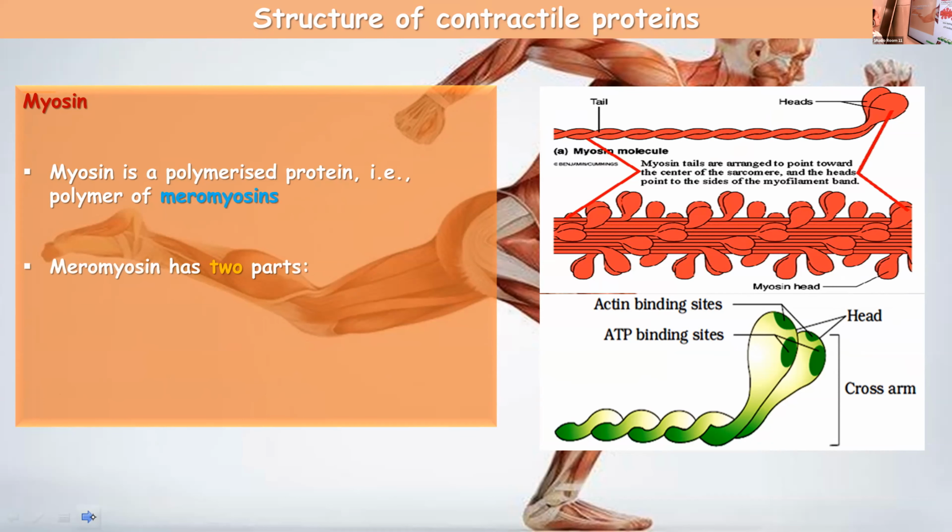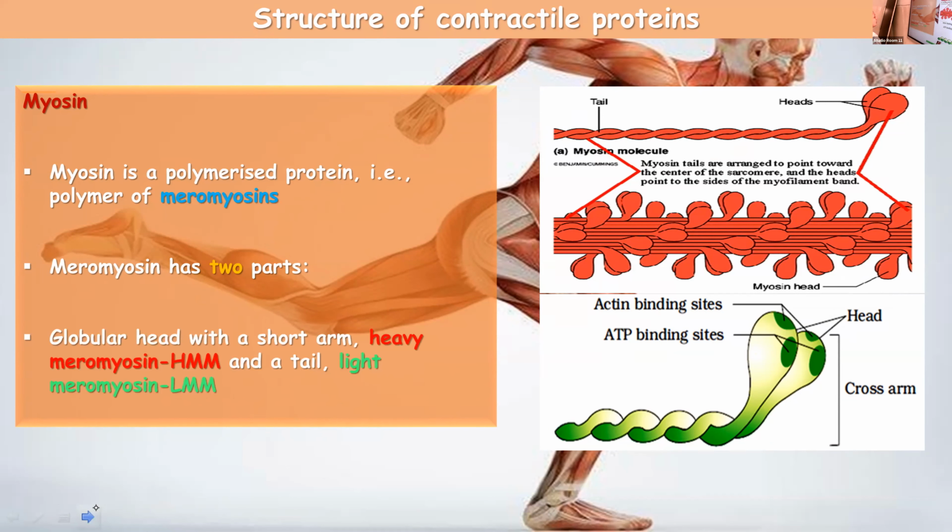Meromyosin has two parts: a globular head with a short arm, which you call HMM or heavy meromyosin, and a tail, which you call light meromyosin.